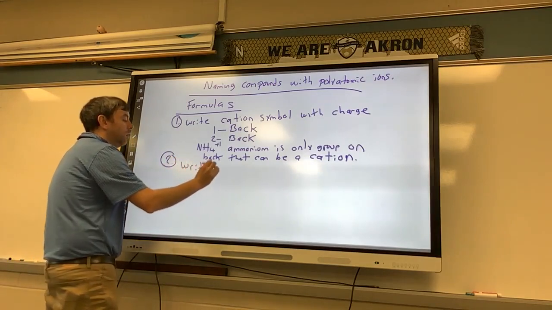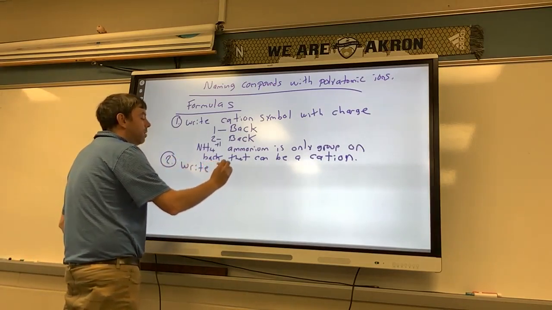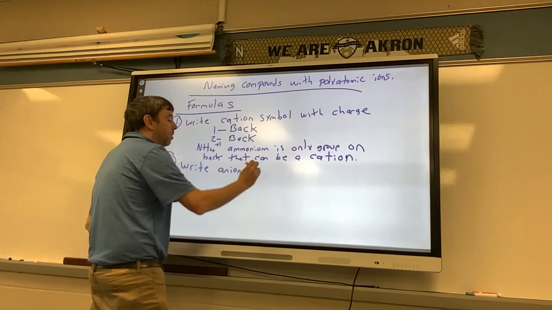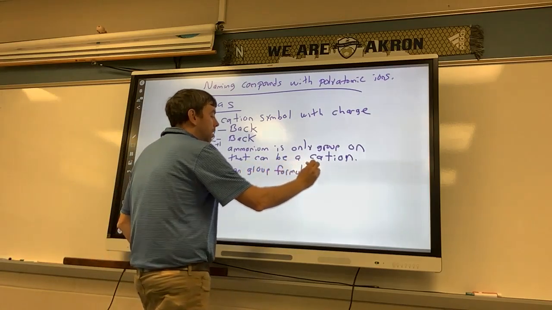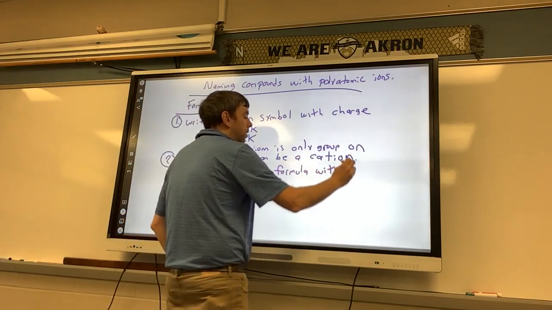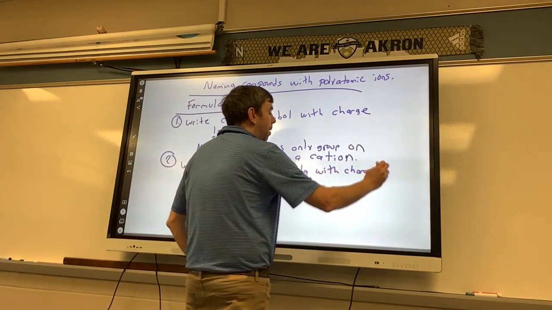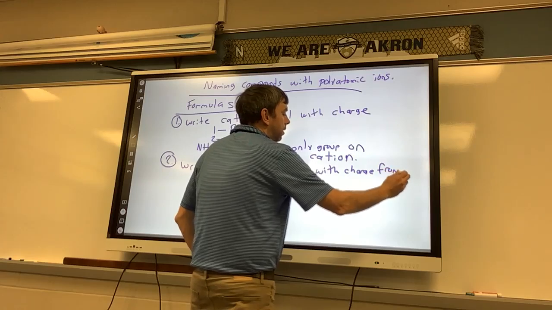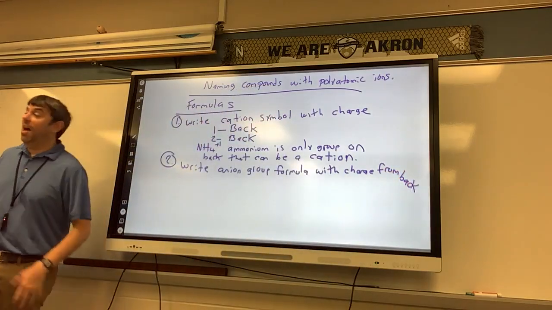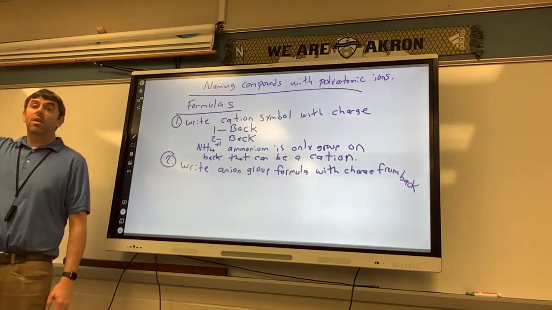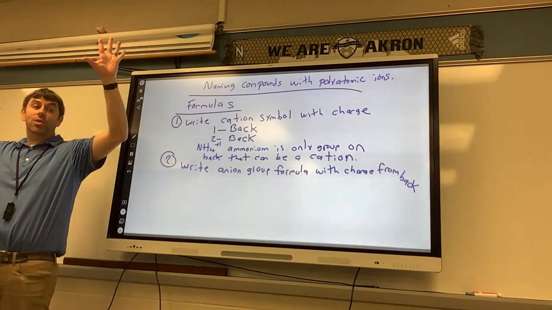Write anion group formula, because now it's more than one thing, with charge from the back of the periodic table. So I have a cation with a positive charge. I have an anion with a negative charge.